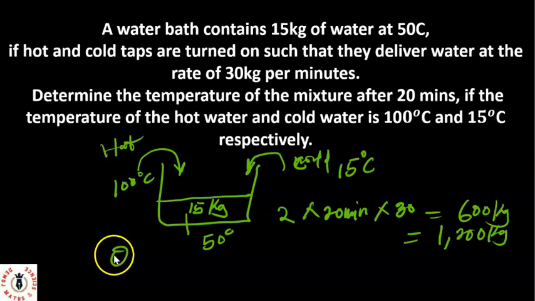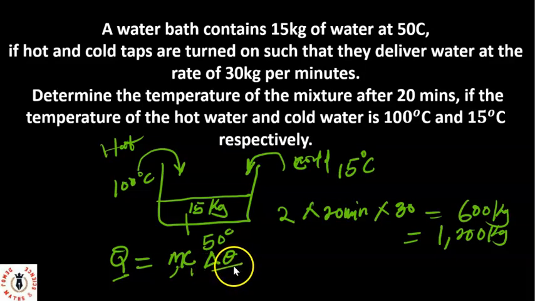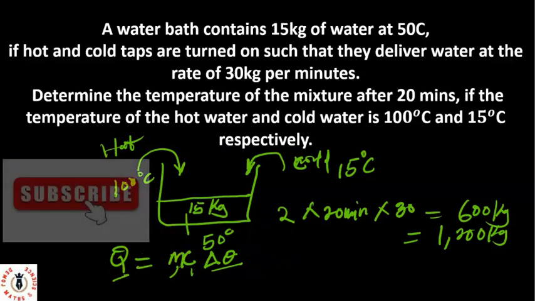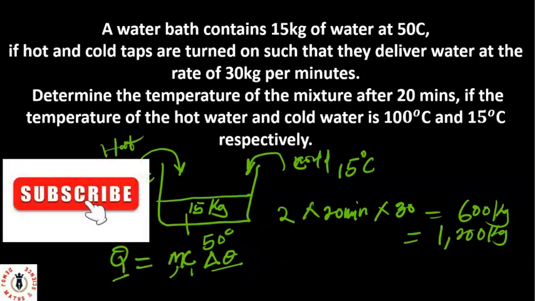Remember that from our last lesson, quantity of heat is equals to mc delta theta, where Q is the quantity of heat gained or change in heat, M is the mass, C is the specific heat capacity, and delta theta is the change in temperature. In case you missed our last lesson, please do not hesitate to check the description below, and also please do not hesitate to hit the subscription button. That way you'll be sure to get notified anytime we create lessons like this.